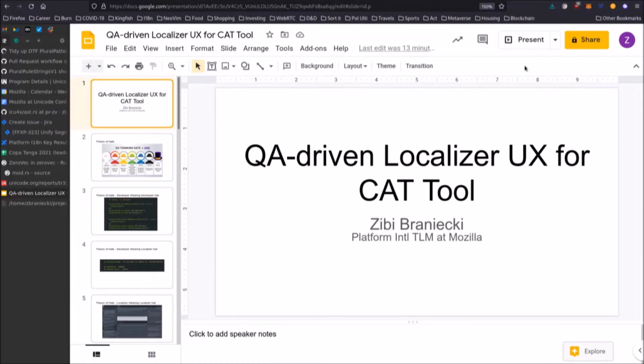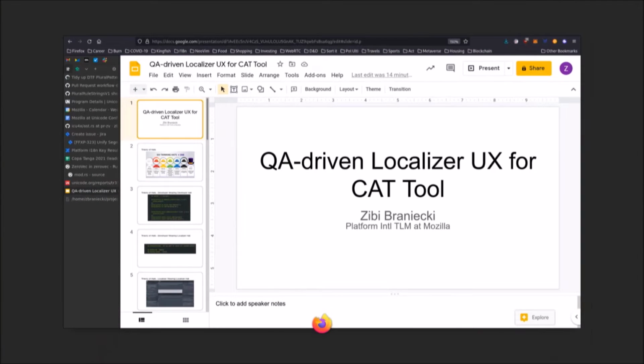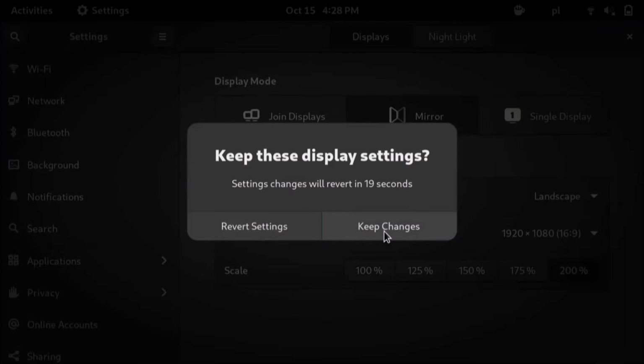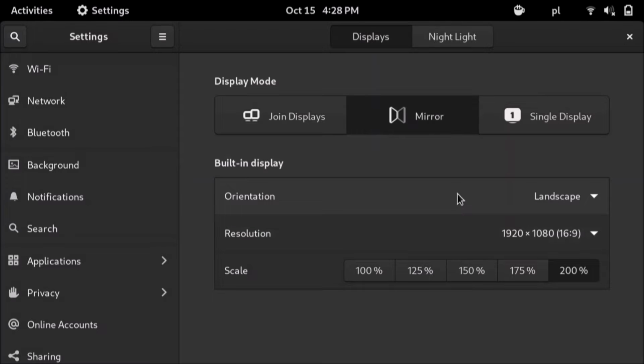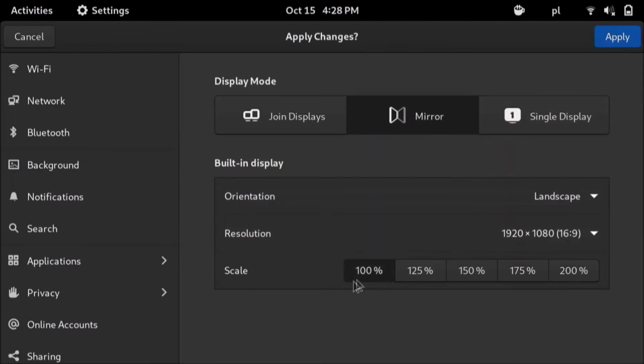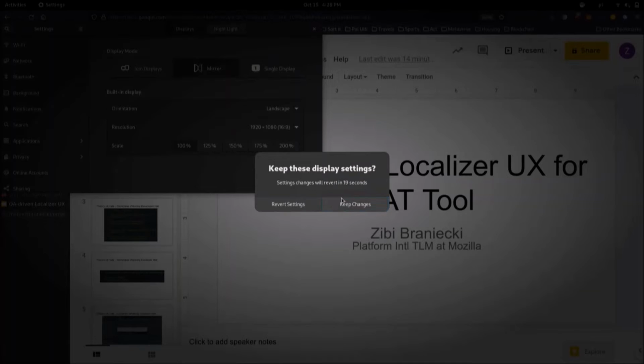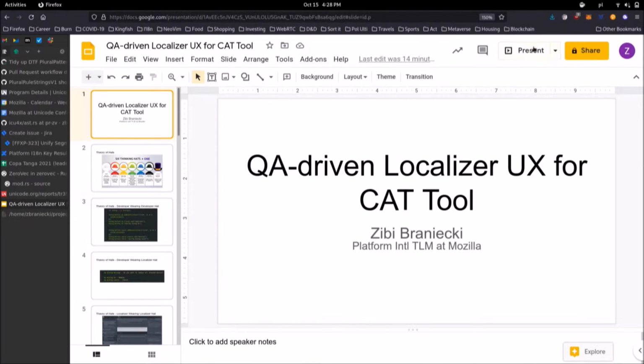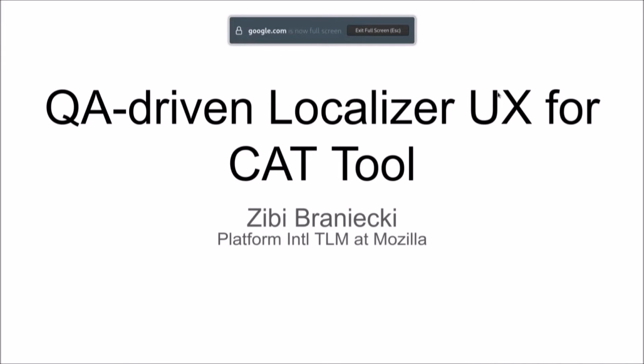I'm not ready. Oh, no. I'm going to try to do mirroring. Do you see anything? Does it look good? Yep. Amazing, yes, ready.